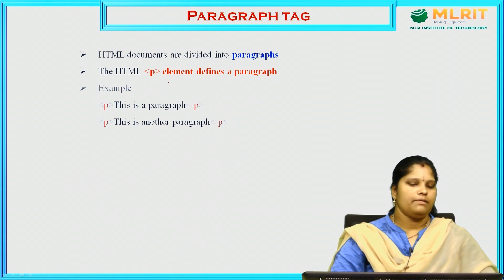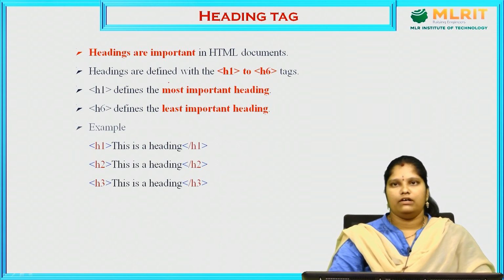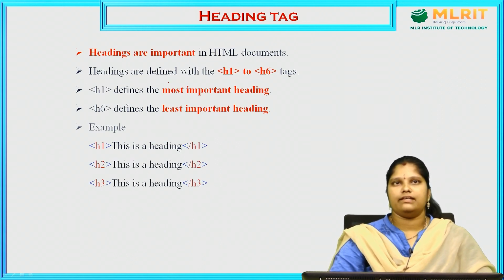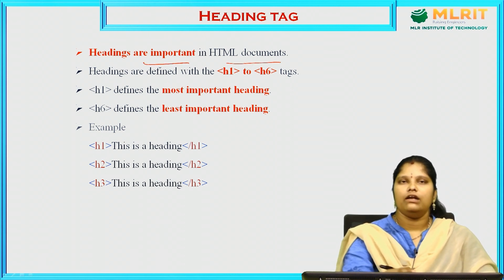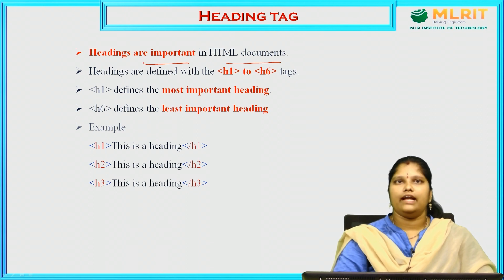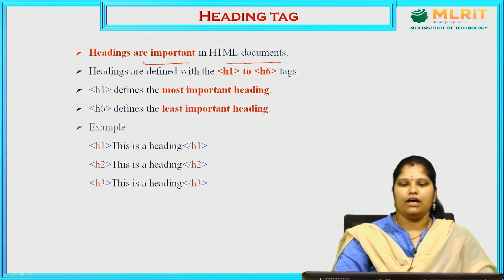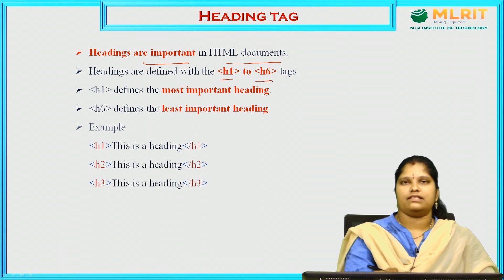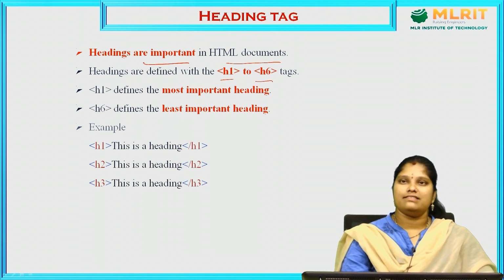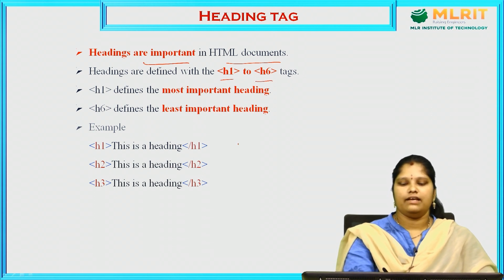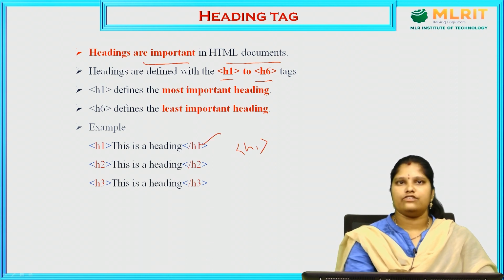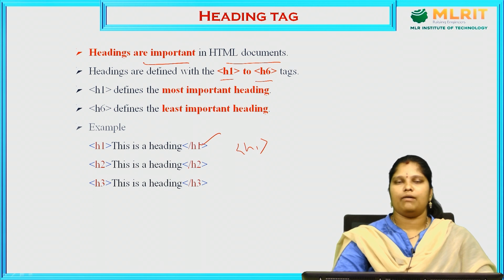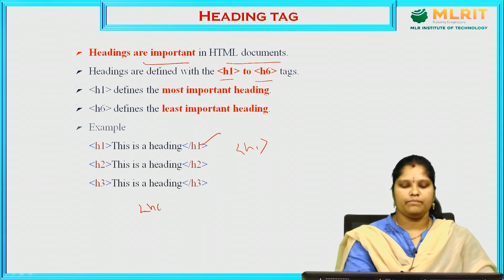And next, one more basic tag is there, that is the heading tag, right? The heading tag is important in an HTML document, yes, of course. Heading tags are defined with H1 to H6, right? We can define 6 types of headings. H1, this is heading, H2, this is headings, and H3, up to H6, right?